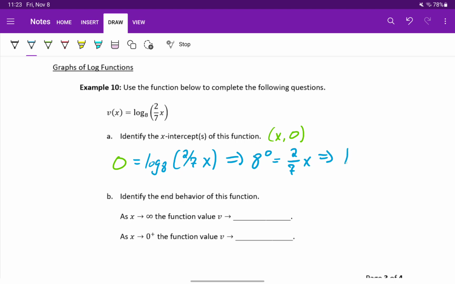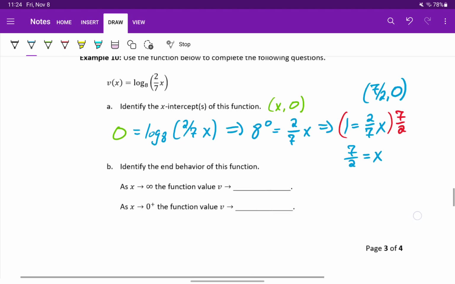Anything to the 0 power is just 1, so we get 1 equals 2/7 x. And then to solve, we'll multiply both sides by 7/2, which will give us 7/2 is equal to x. That means our x-intercept occurs at the point 7/2 comma 0.